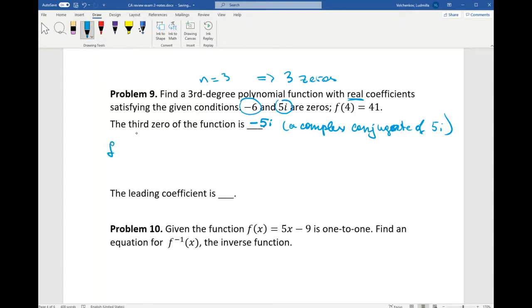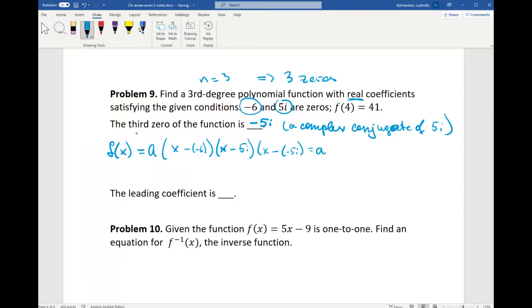And then we can write the function f of x in the form: leading coefficient a times x minus first zero, -6, times x minus second zero, 5i, times x minus third zero, -5i.